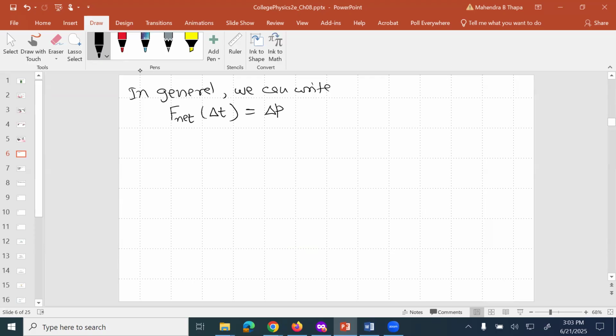I use this to match with the book. Here F net is the total force.